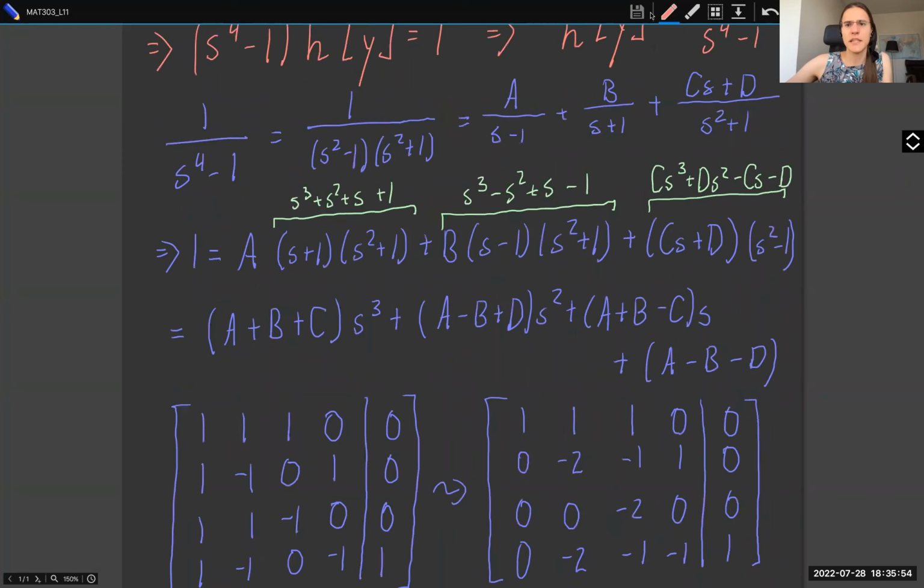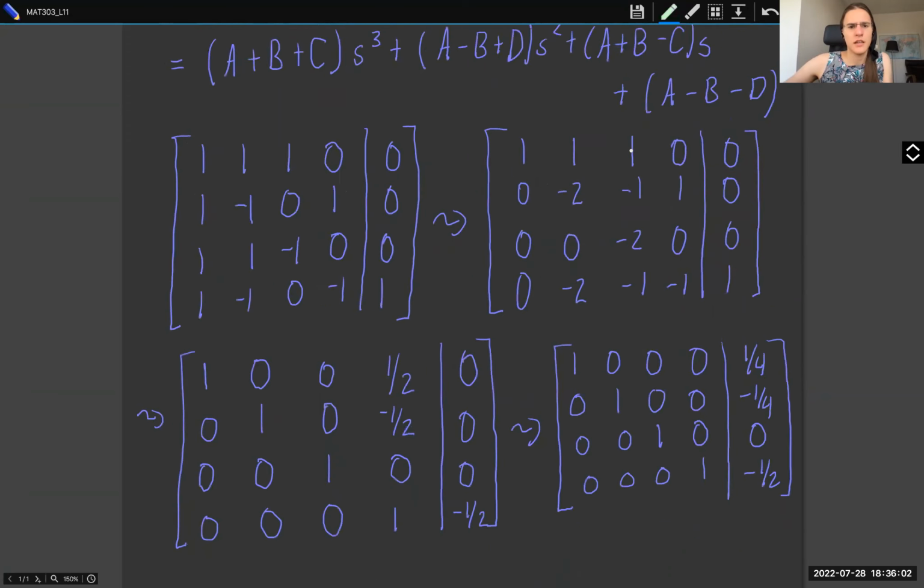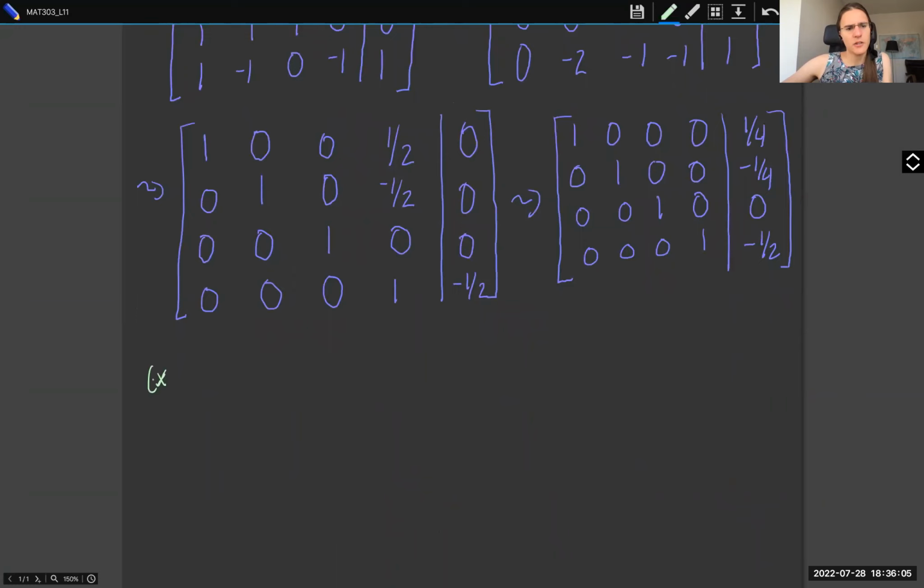So what that tells me is that if I consider this expression, then star is equal to, so A is 1/4, and then I believe that was 1 over s minus 1.